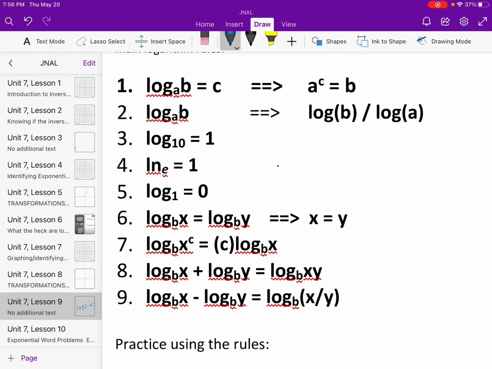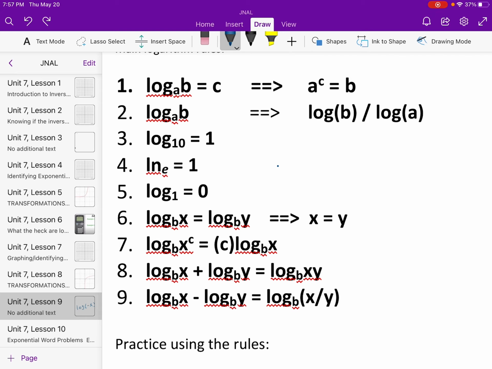6 through 9 are just operational rules. For 6, if you have 2 things that are equal to each other, in which there's 2 bases, then the 2 values we have in those places are equal to each other. 7 says that you can just rearrange these values, kind of like 1 and 2.